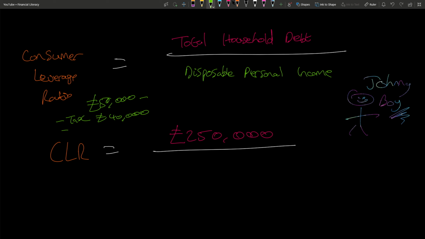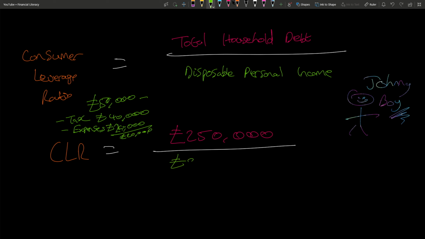And then let's say he has necessary expenses, which are £10,000. Now I'm going to say 20 just to make the numbers easier. So £20,000, and so he is left with £20,000.